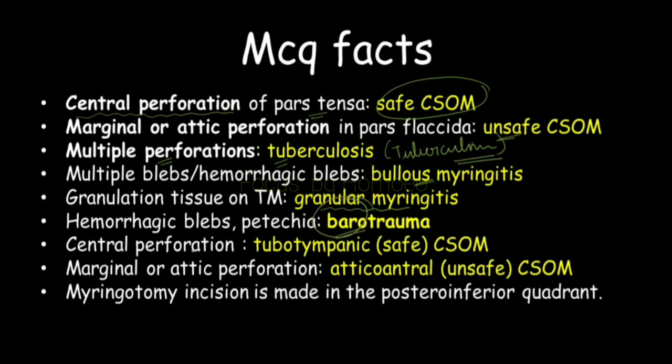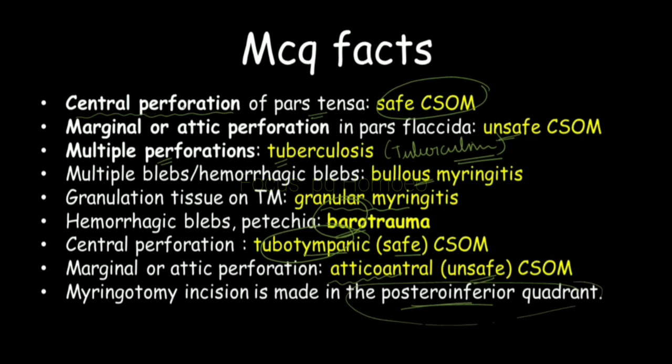Central perforation is tubotympanic or safe CSOM, which is another name. If there is marginal or attic perforation, we already know it is unsafe CSOM, also called attico-antral. Myringotomy incision is made in the postero-inferior quadrant. This is not so important because we are not dealing with the incision part.